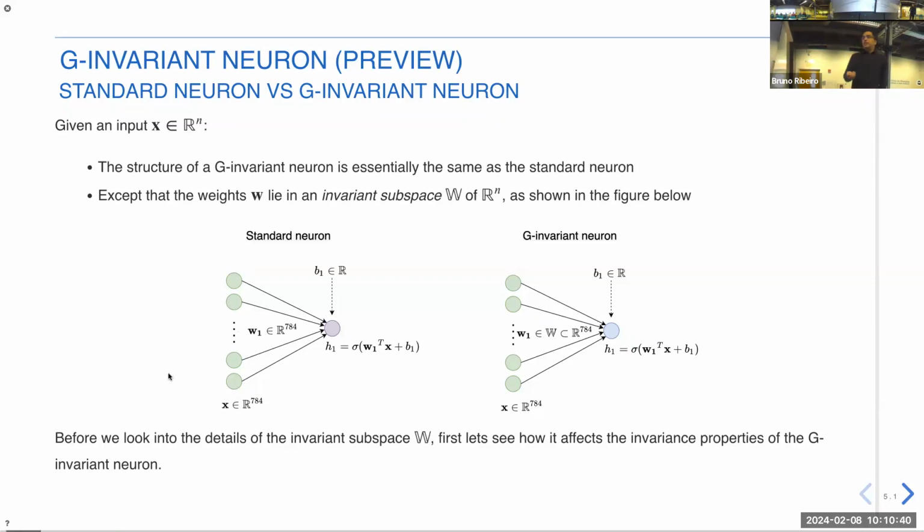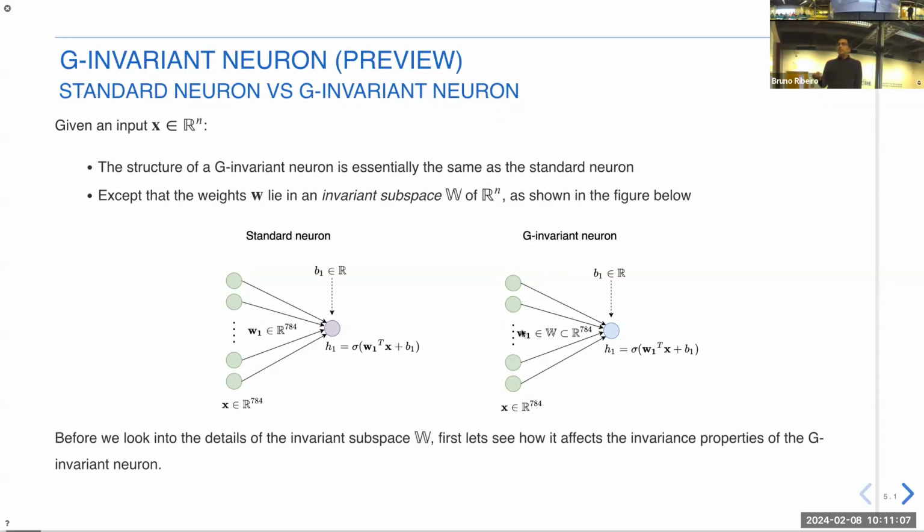Okay, now what's the invariant neuron? The invariant neuron has basically the same math, it's the same type of neuron, it's no different. The only difference is that you see here that the weight of my neuron was unrestricted in the 784 dimensional space, right? If my x has dimension 784, then I have 784 weights to learn.